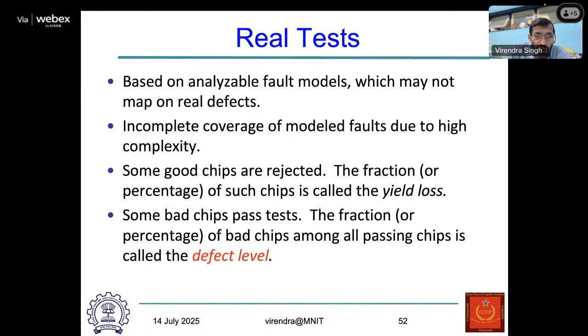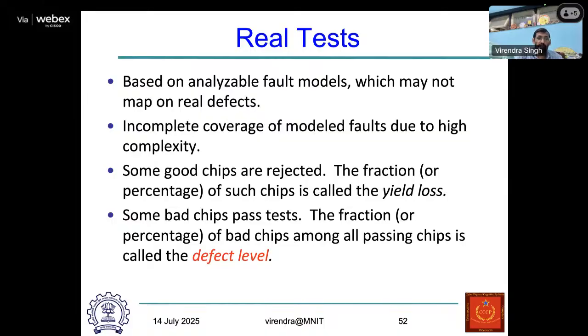So that means if it is not the complete coverage, some of the good chips are rejected, and some of the bad chips can pass. If good chips are rejected, you may be able to sell fewer chips, and therefore there is a yield loss of the system.